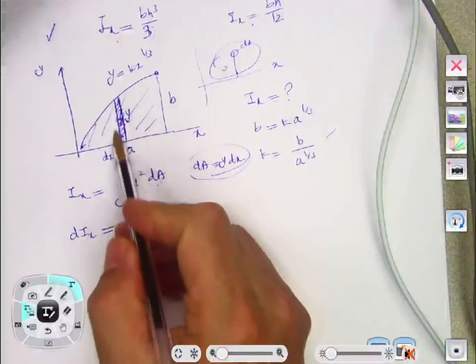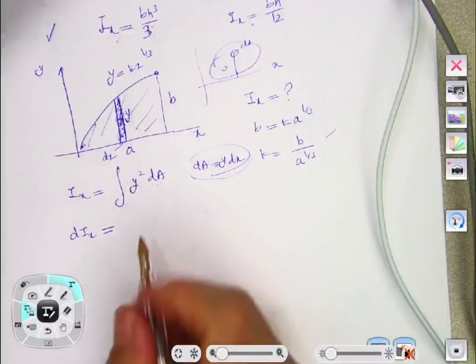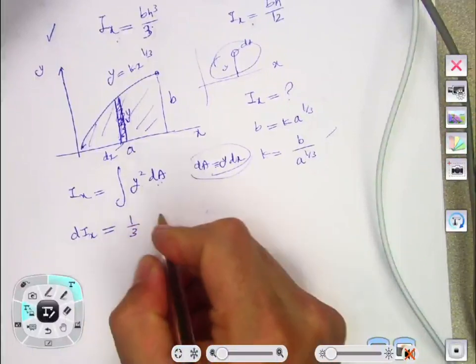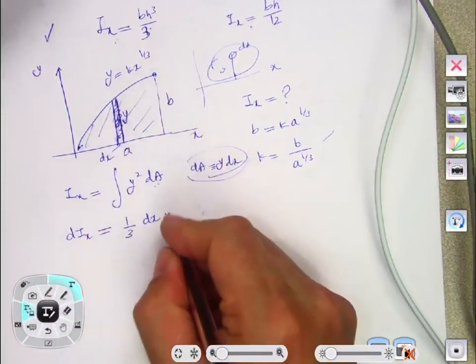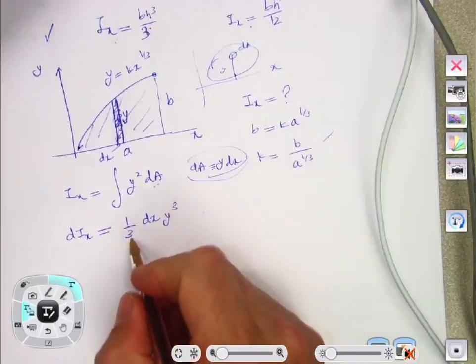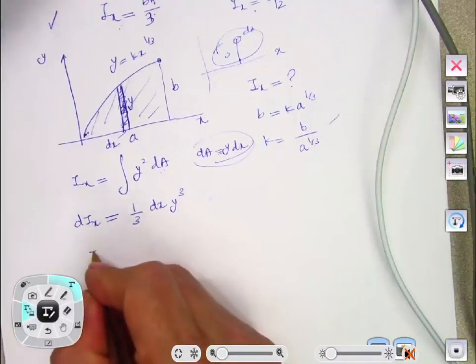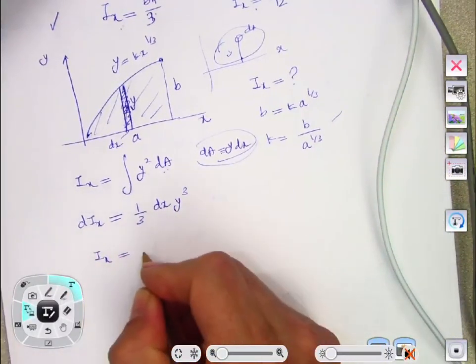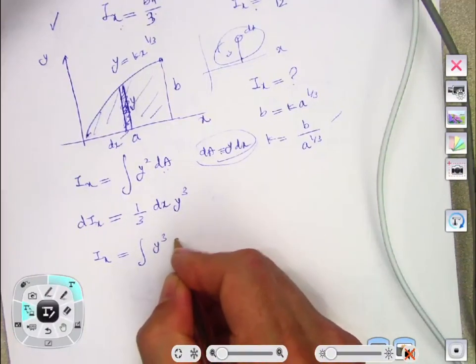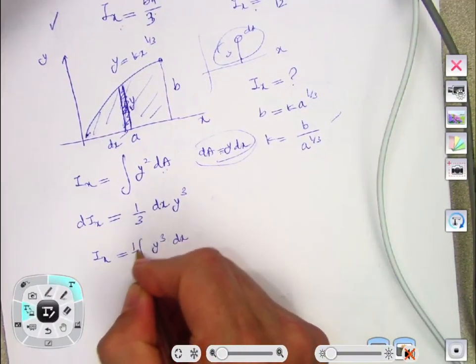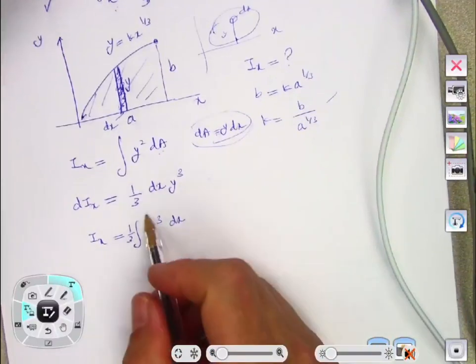Its base is dx and its height is y, so dIx is dx times y cubed divided by 3. Then Ix is the integration of y cubed dx divided by 3. I need to evaluate this integral.